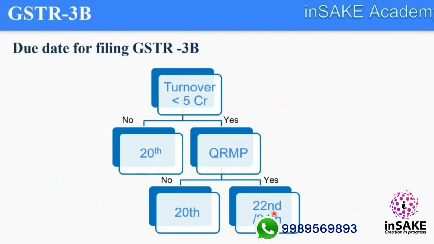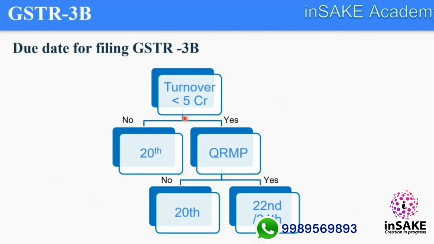I will explain which states have to file on the 22nd and 24th. And if they have not opted for the quarterly scheme, then they are required to file the GSTR 3B on or before the 20th of the following month.